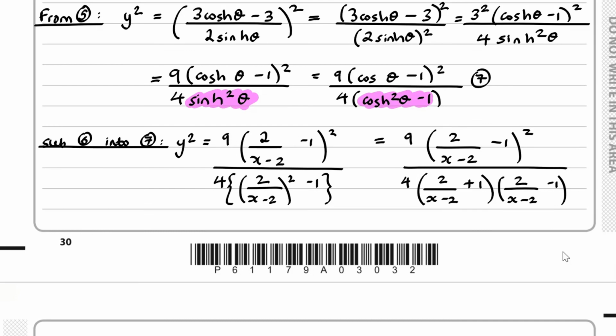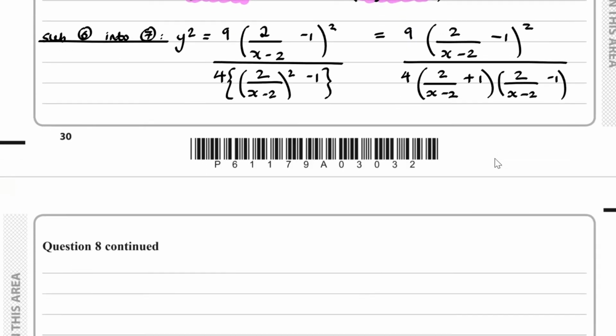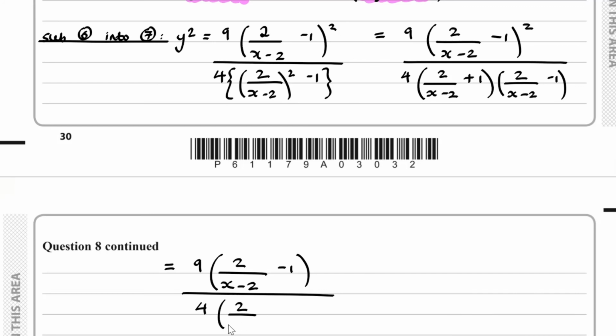Hopefully you can see that the terms cancel on the top and the bottom. So on the top we have 9 lots of 2 over x minus 2 minus 1, and on the bottom we have 4 lots of 2 over x minus 2 plus 1.